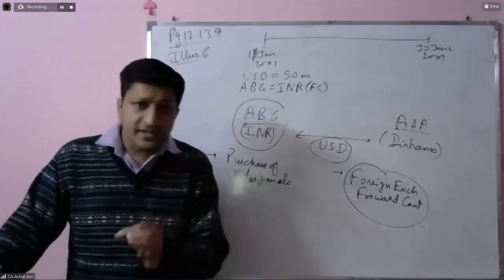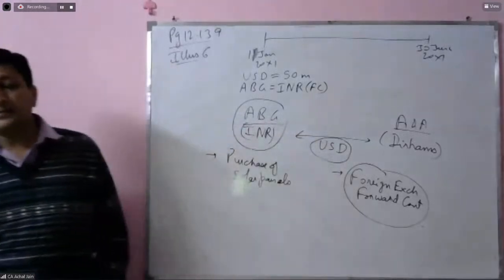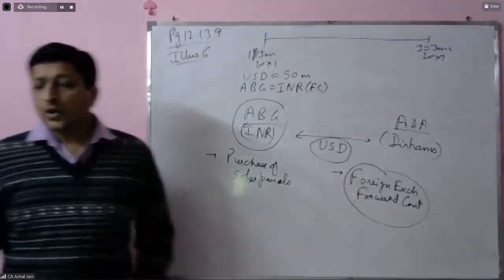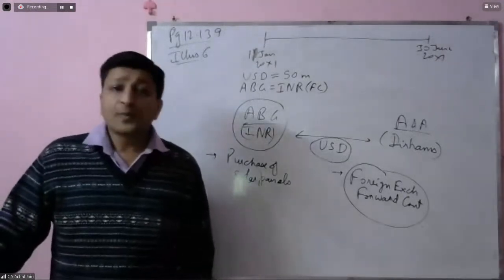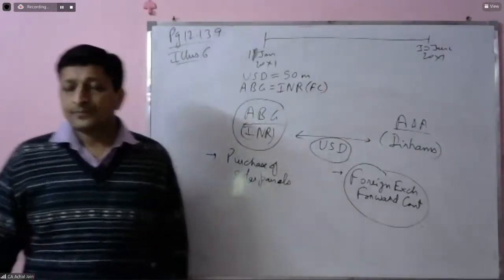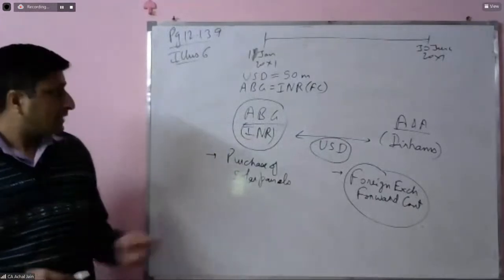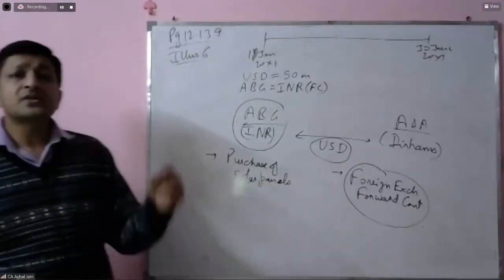So let's read this from the solution in the study material. Host contract to purchase solar panels denominated in INR. Ideally, the solar panel should have been purchased in INR.